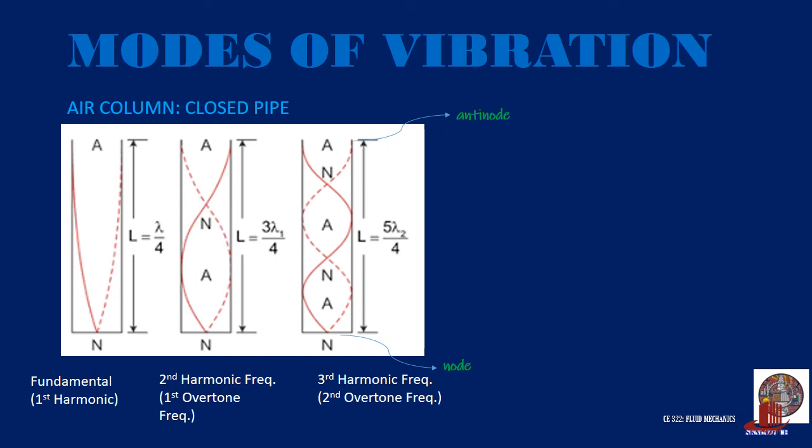The second harmonic will show that to keep the conditions of nodes and antinodes, L will become 3 lambda all over 4. And the third harmonic requires L to be 5 lambda all over 4. So in the formula, n will be taken as 1, 3, 5, 7, 9, and so on. For velocity, it would still be computed the same as 332 plus 0.6 of temperature.